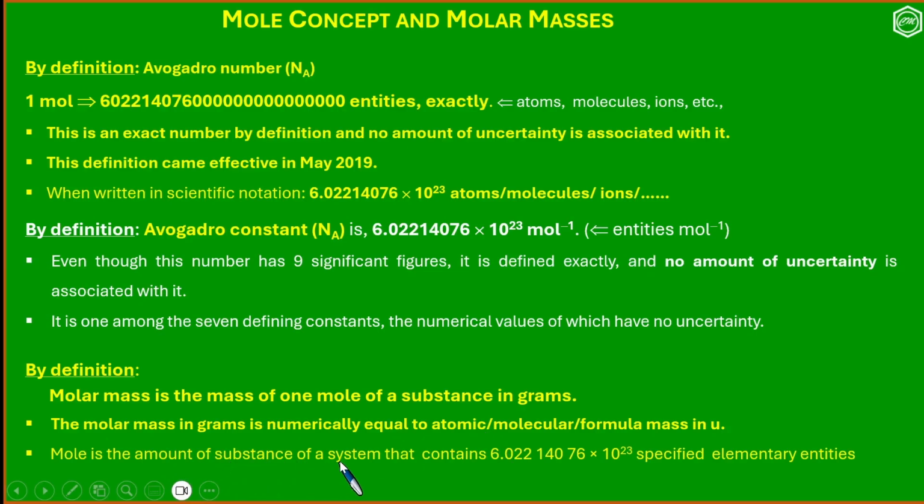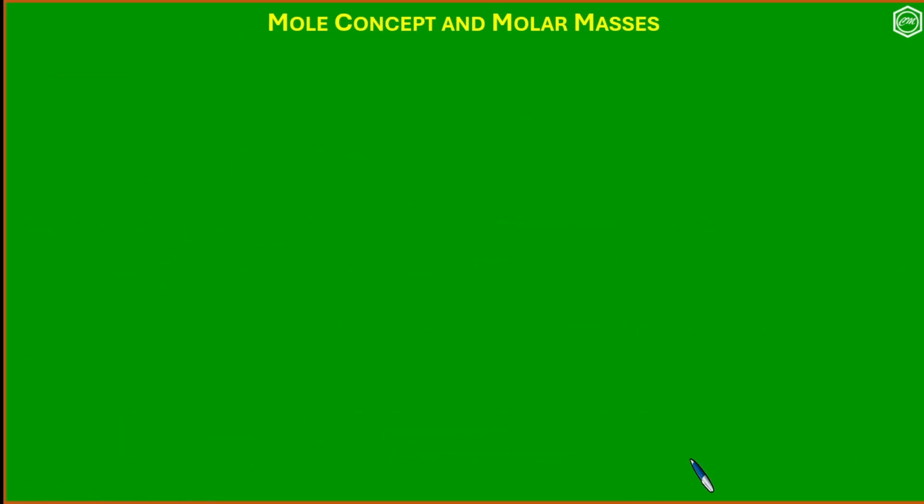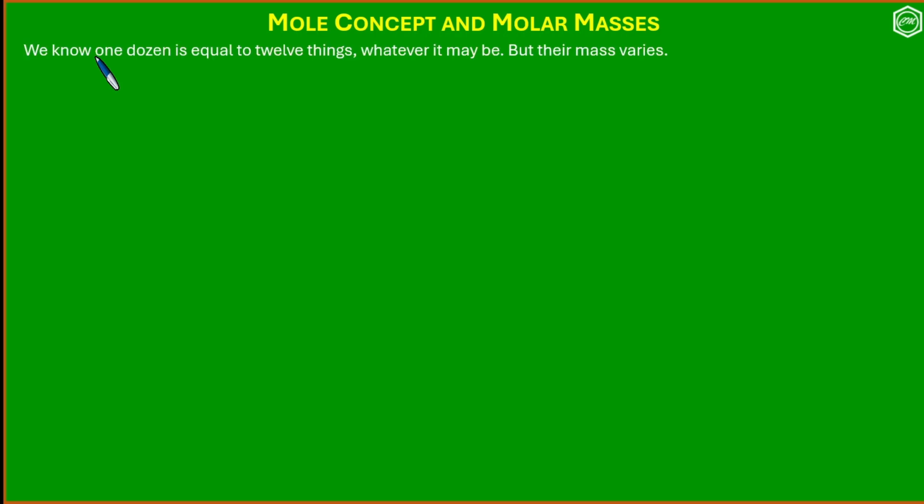Mole is the amount of substance of a system that contains 6.022140076 into 10 raised to 23 specified elementary entities. A simple analogy will make the concept clearer. We know 1 dozen is equal to 12 things, whatever it may be, but their masses vary.